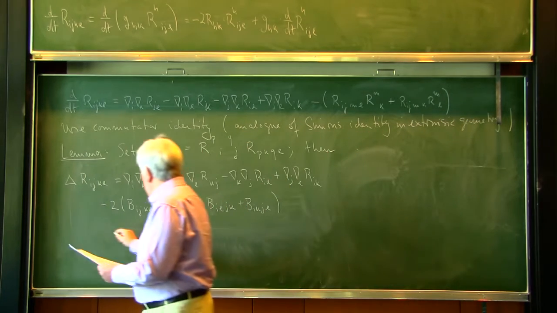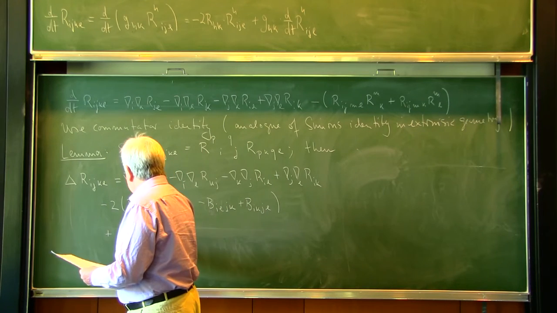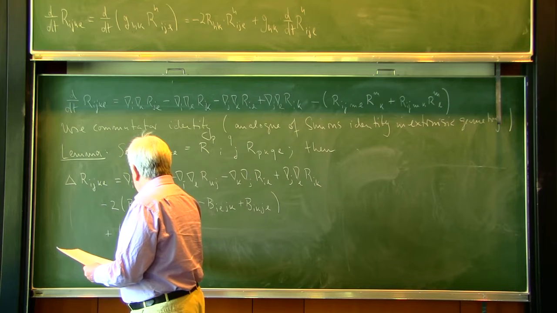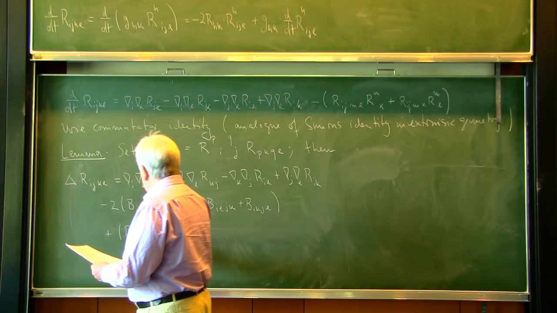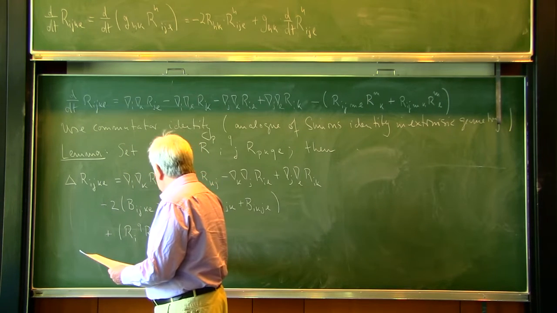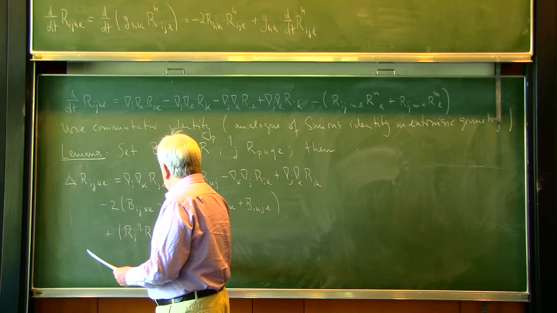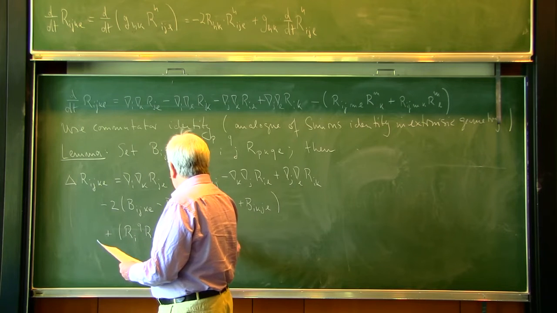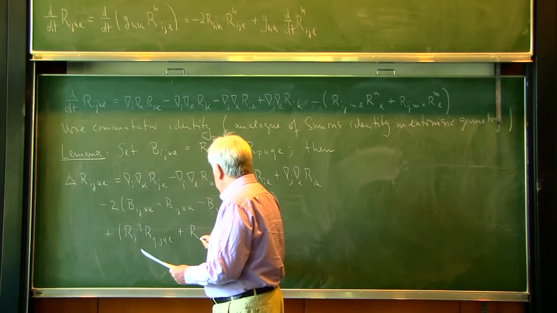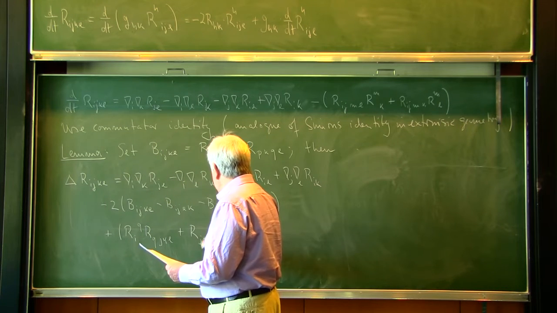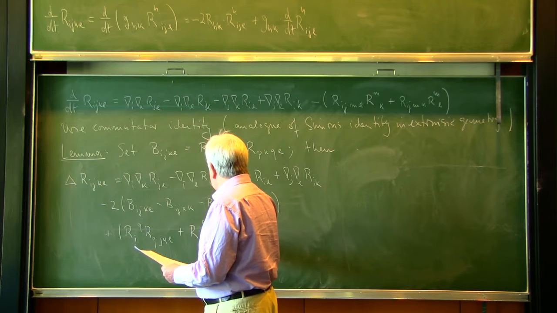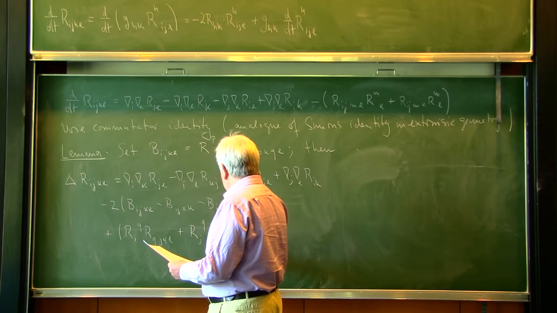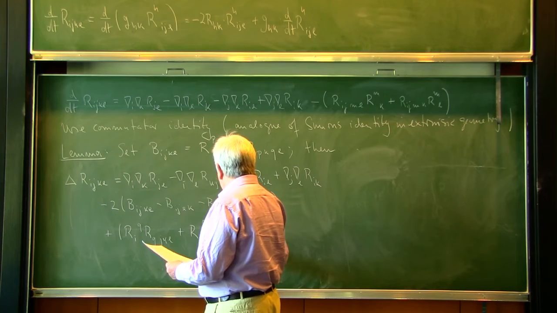And then there are 2 more: plus R_{IQ}, the Ricci tensor, times R_{QJKL}, plus R_{JQ} times the Riemann tensor R_{IQKL}.